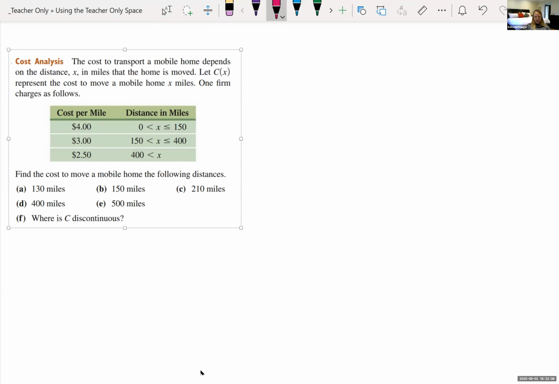They're going to charge you $3 per mile if the distance x is between 150, not including, and 400, including, and $2.50 if your value of x is greater than 400. I don't like how that's written. To me, this makes more sense to say x is greater than 400.